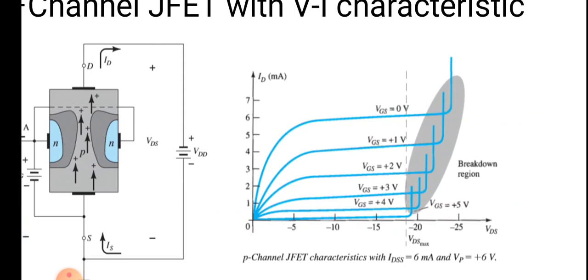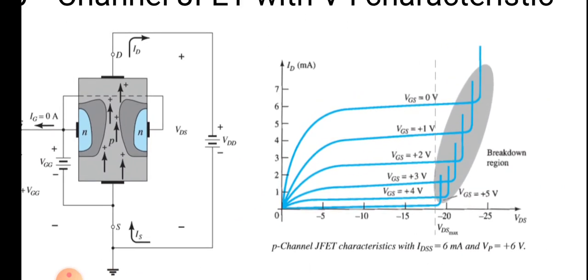You can see the breakdown region. Breakdown is that region where you are applying your VDS to such an extent that you have already crossed the pinch off region, where the two depletion regions touch each other.